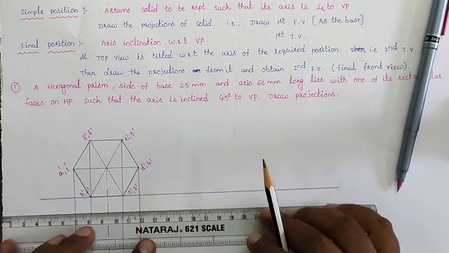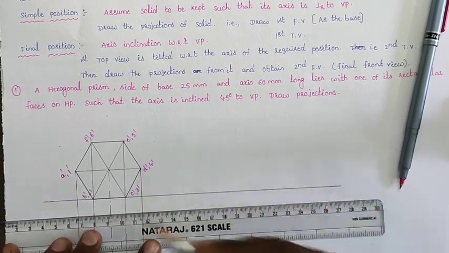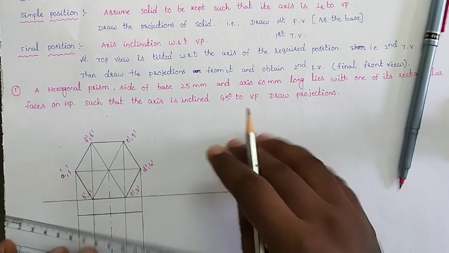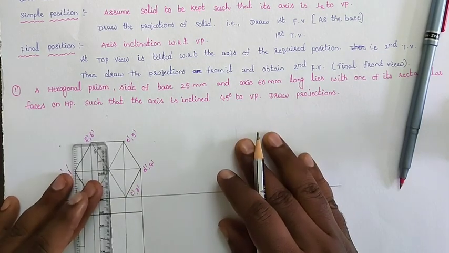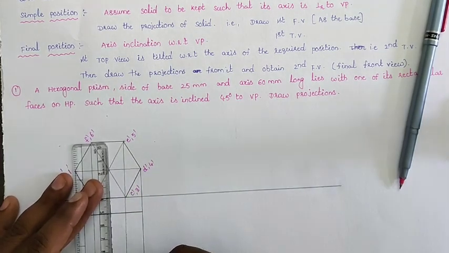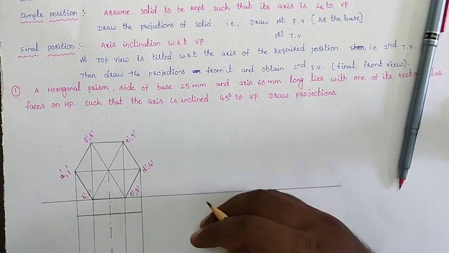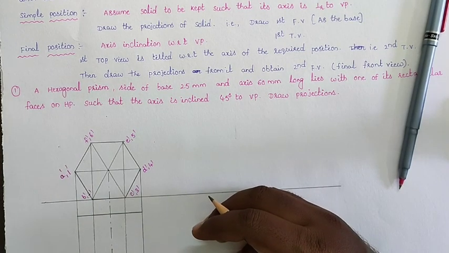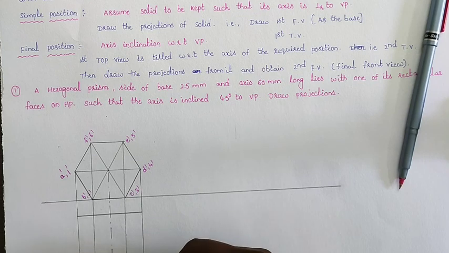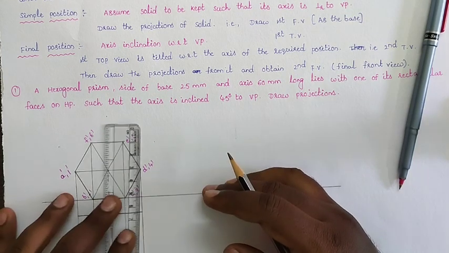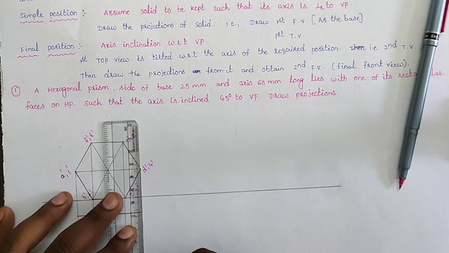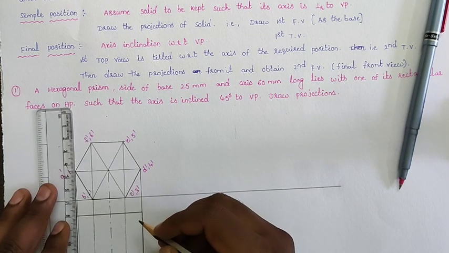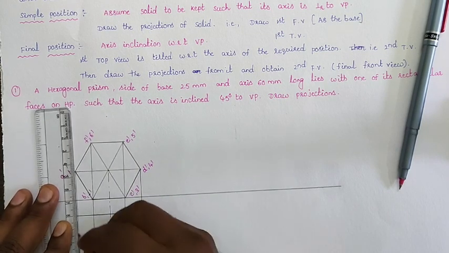I am drawing one of the bases, and now I am taking the axis length as 60 mm height and drawing the rectangle, because they are giving a prism, so I get the top view as a rectangle. So this is the top view of our diagram.